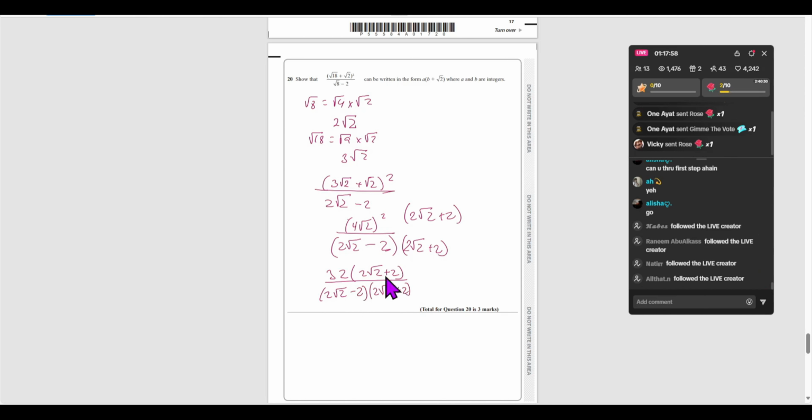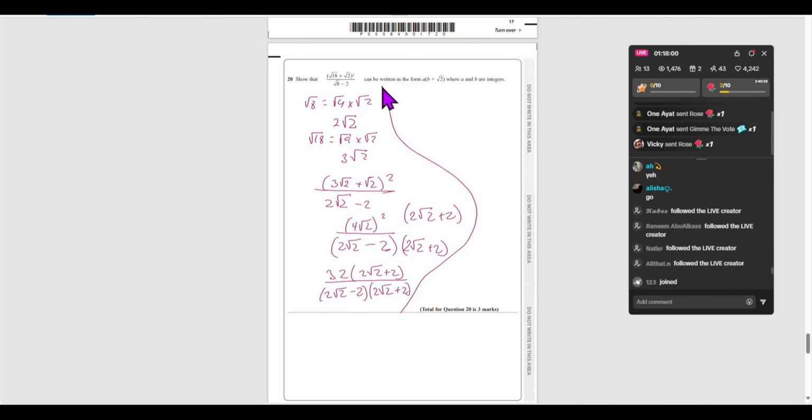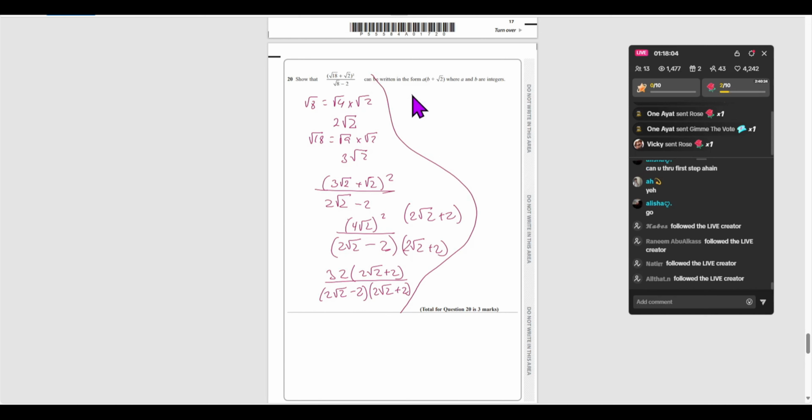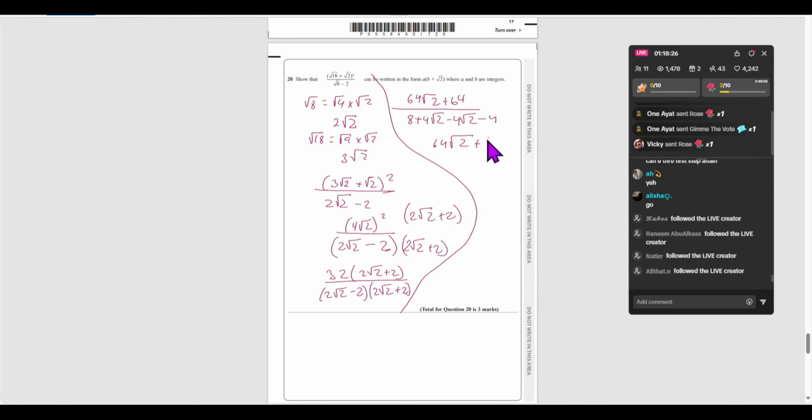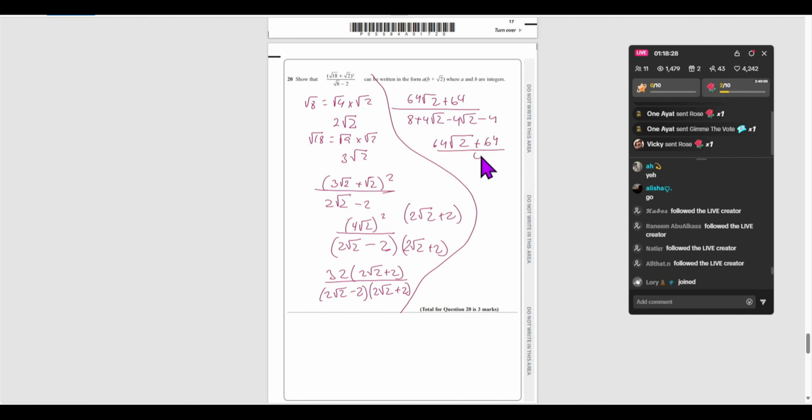And then after you have done that, you will get 64 root 2 plus 64, and then over 8 plus 4 root 2 minus 4 root 2 minus 4, and then you can see some of them cancel out. So you will then get 64 root 2 plus the 64 divided by 4.